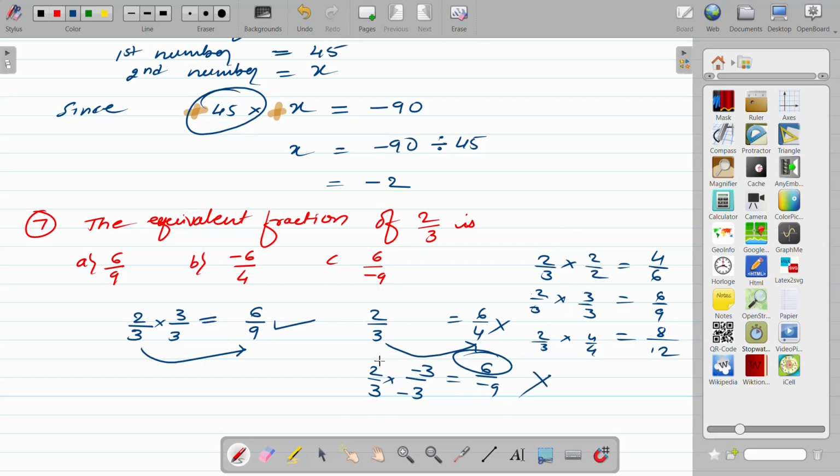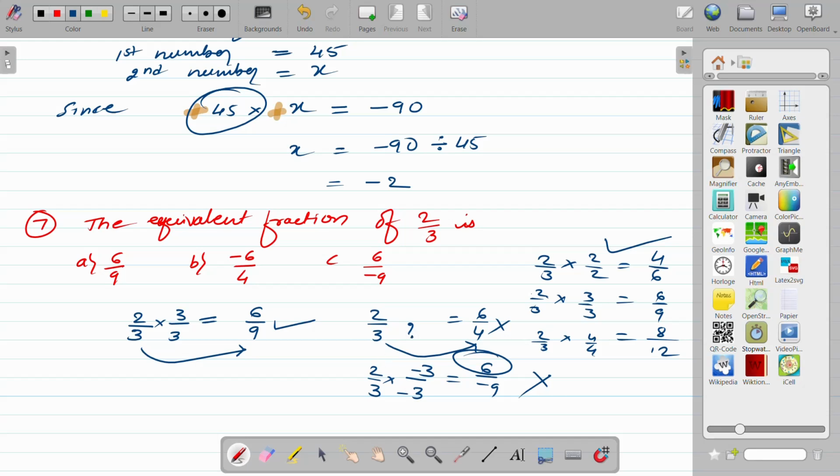You should know both ways of solving: how to solve descriptive, and how to solve the MCQ. Is that understood, everyone? The method for solving MCQs. Everyone understood this method, how to check it. Whenever they give the MCQ, don't do it the descriptive way. Check it like this, and look at 3 and 4.